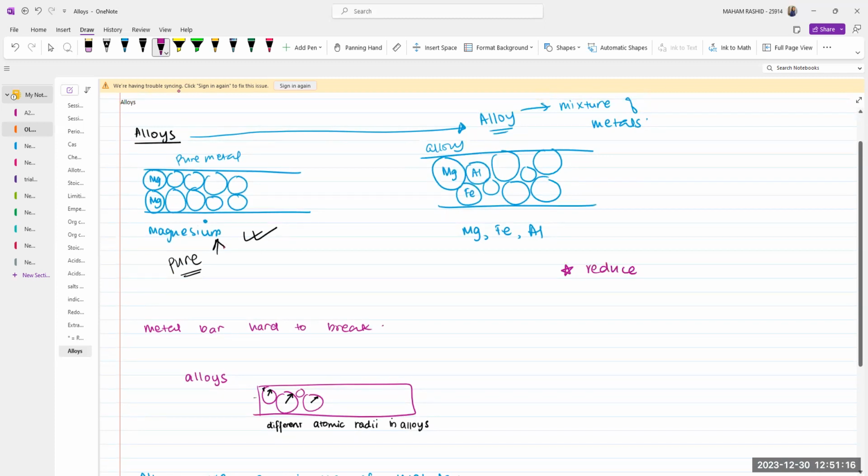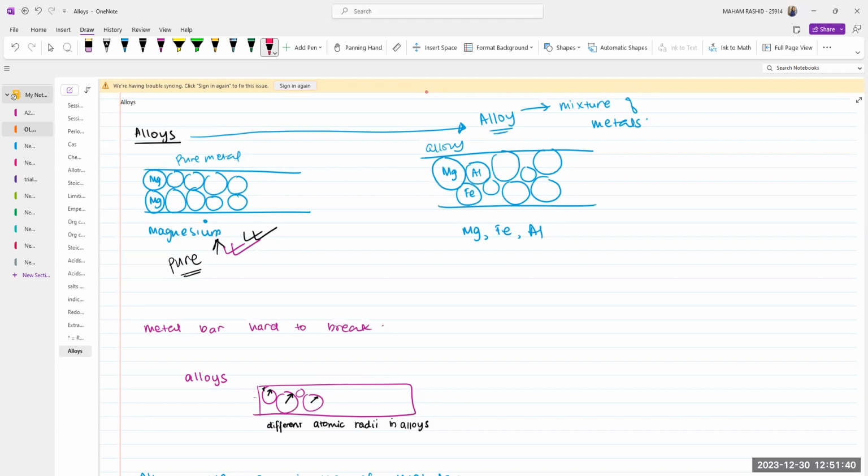Like maybe your magnesium metal is very expensive, so you mix another kind of metal with it to make a rod of magnesium, which has some impurities, right? But at the end of the day, your costs are reducing, so you use an alloy, right? Another reason for this is that it increases the strength of the metal itself. How?